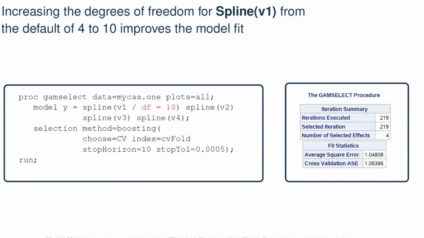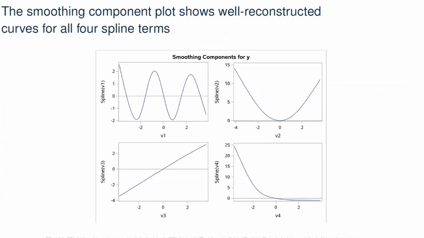Here I refit the model one last time, now using only the 4 terms v1 to v4, with the spline for v1 fit with 10 degrees of freedom at each iteration instead of the default 4. Doing so results in a very good model fit. And the smoothing component plots for this model show well-reconstructed curves for all 4 variables.